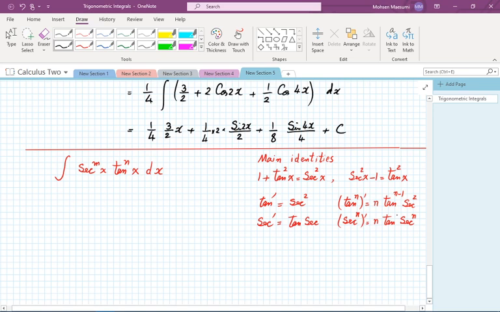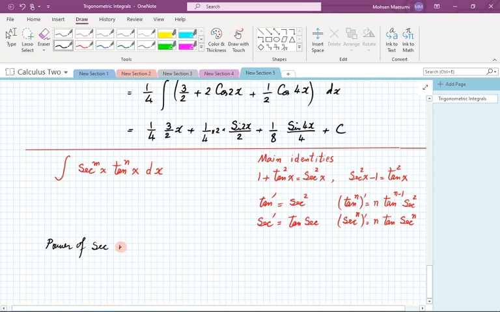Now, the best thing to do is just to write some example cases. Just like in the case of sine and cosine, it depends a lot on what type of powers we have, and that is going to dictate what approach to take. The first case we are going to look at is when the power of secant is an even number.